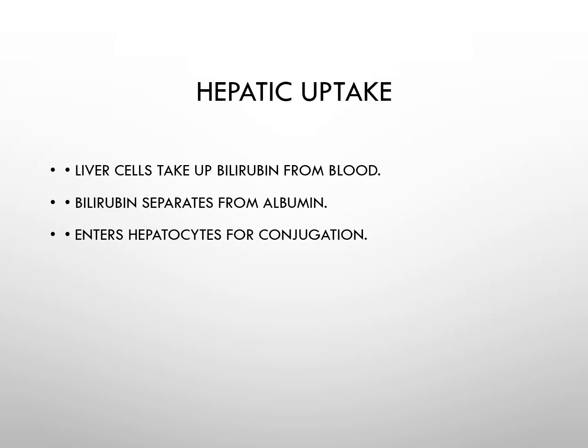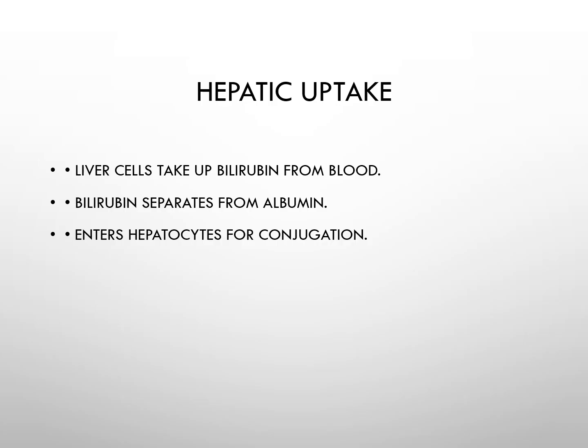We have hepatic uptake. Point one, liver cells take up bilirubin from the blood. The liver cells remove bilirubin from the blood circulation, and this process helps prepare bilirubin for further metabolism and excretion. The second point is that bilirubin separates from albumin.